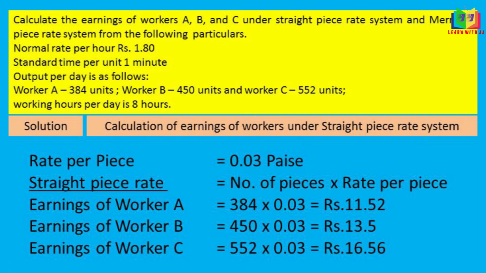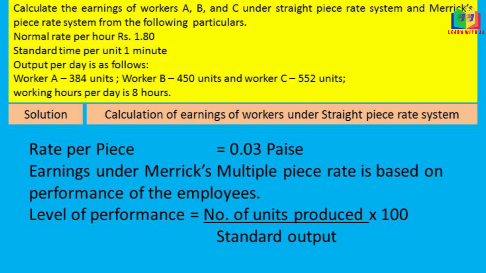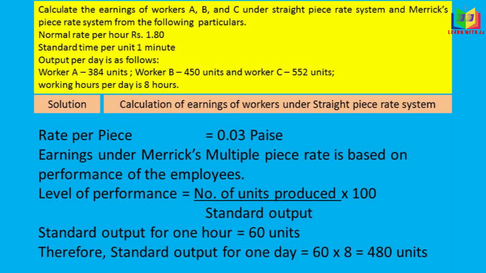Now we can calculate the earnings under Merrick's piece rate system. For that we need to know the performance of the employees, because Merrick's piece rate system is based on the performance of the employee. So first we have to find the performance level. The formula is number of units produced divided by standard output, and the standard output for a day is 480 units.